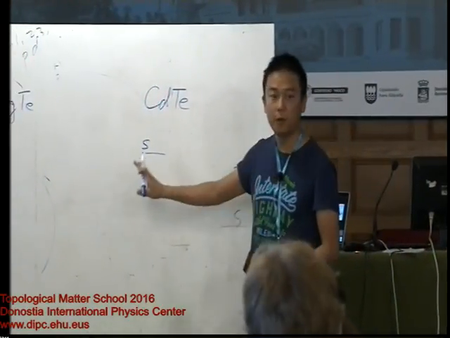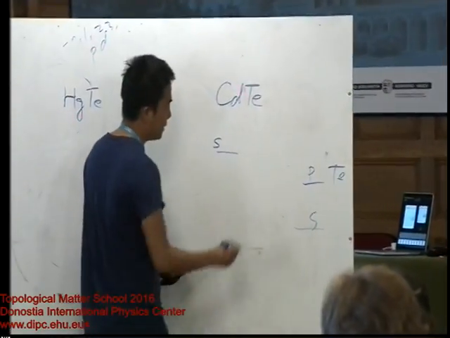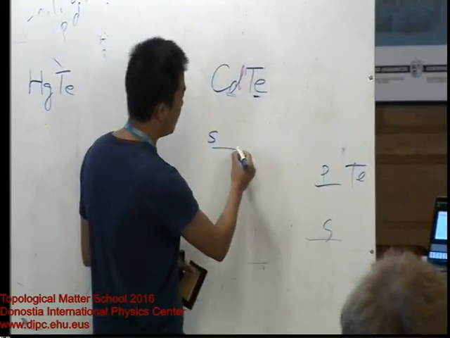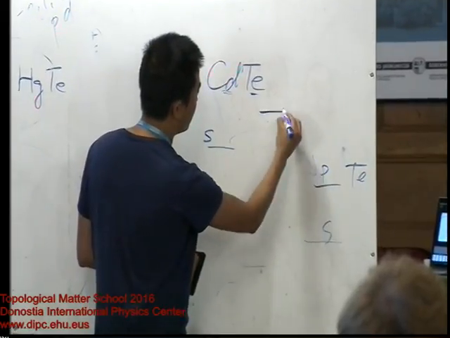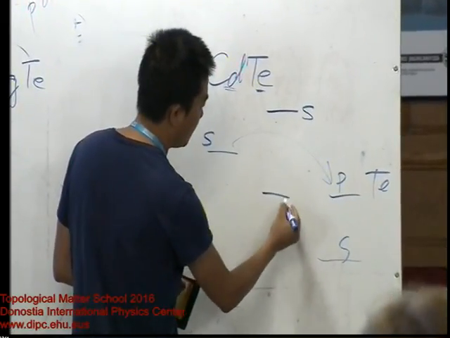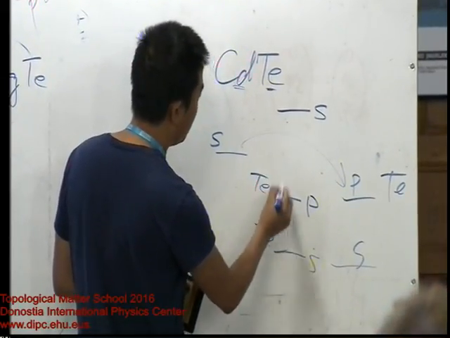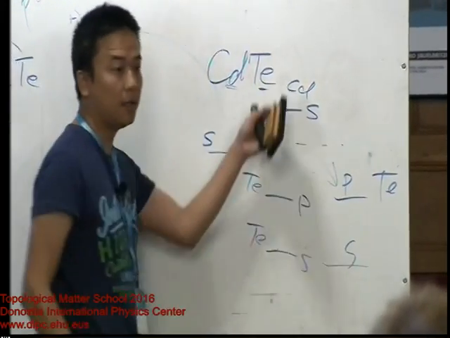When they form a material, they will hybridize together, right? But for this one, there will be no surprise because this is a metal. This element will take all the electrons to it. Then when it forms a compound, this is the s orbital, this is the p orbital, this is the s: tellurium s, tellurium p, cadmium s. This is the energy gap. It's an insulator.